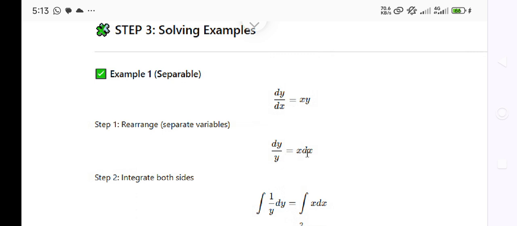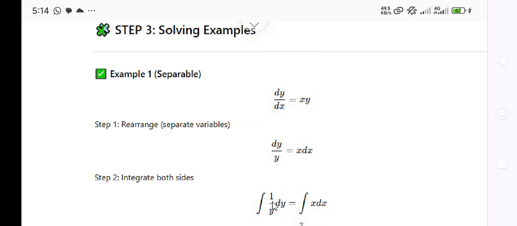Just do anything you can do mathematically. Make sure that the y and dy are together, and your x and dx are together. That's just what is done here. So you are going to integrate both sides now. You integrate here and integrate the other side separately. This with respect to y and this with respect to x.